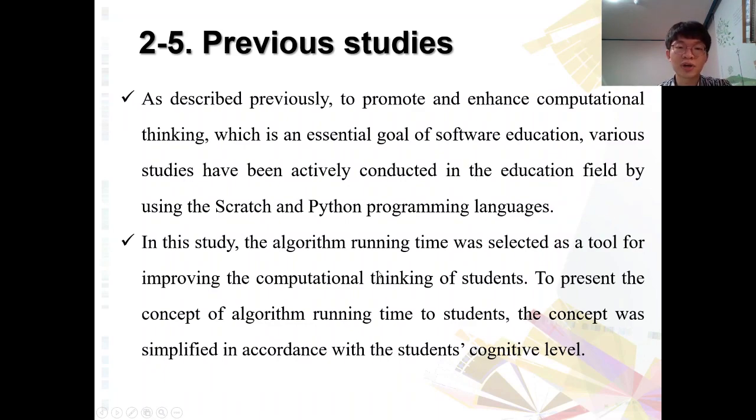As described previously, to promote and enhance computational thinking, which is an essential goal of software education, various studies have been actively conducted in the education field by using the Scratch and Python programming languages. In these studies, the algorithm running time was selected as a tool for improving the computational thinking of students.